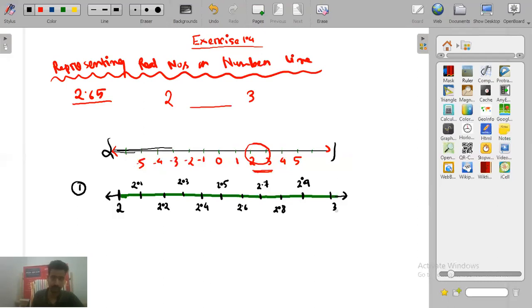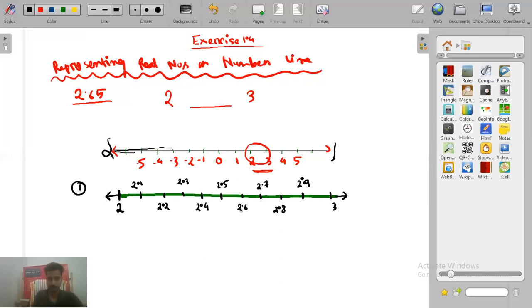Then again you have to see which two numbers 2.65 lies between. It lies between 2.6 and 2.7. Yes or no? Because 2.65 is greater than 2.6 but less than 2.7. So again you have to divide this distance between 2.6 and 2.7 into 10 equal parts.